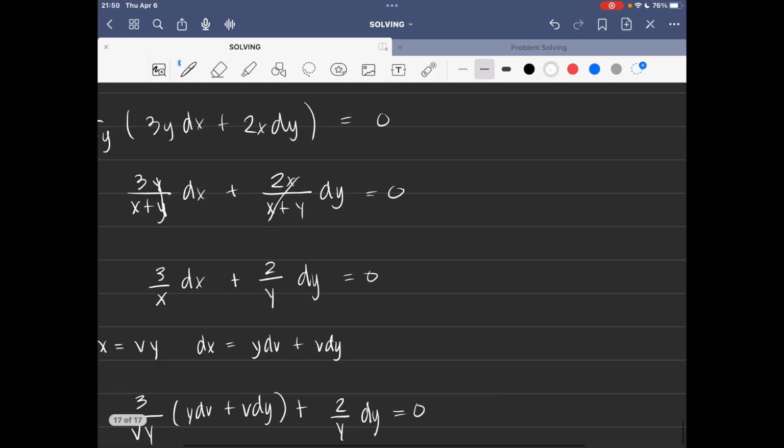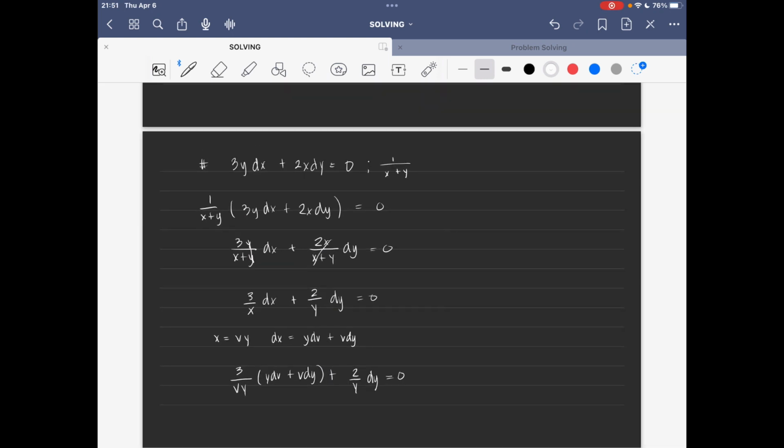After that, we are going to substitute vy and y dv plus v dy. So we can cancel y, so we are left with 3 over v dv plus 3 over y dy plus 2 over y dy is equal to 0.